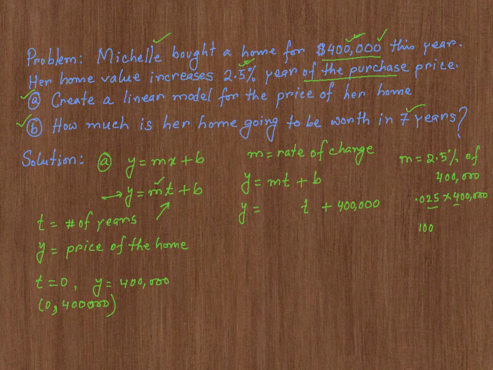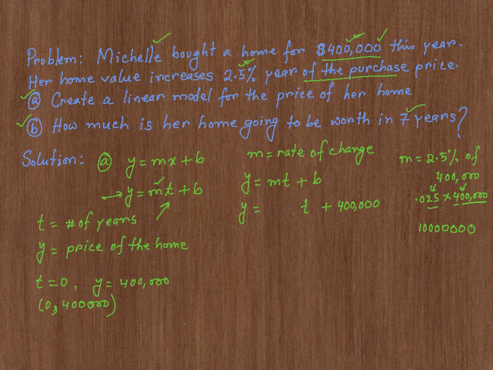Then think of the zeros there. Forget the decimals, just take 25 and multiply it by 400,000. I multiply 25 by 4, which gives me 100, and there are 5 zeros after that. 1, 2, 3, 4, 5.